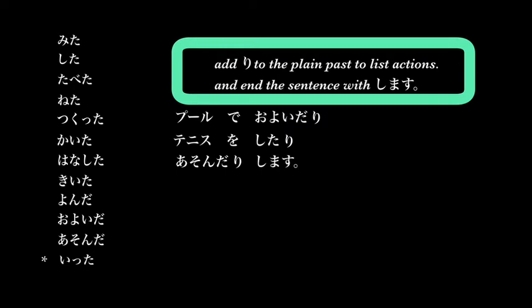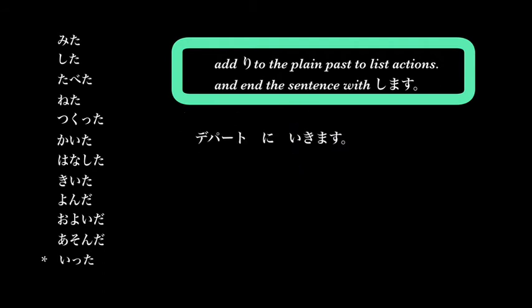And as long as the sentence ends in shimasu, we've now listed our actions. Puru de oyoidari, tennisu o shitari, asondari shimasu. Giving the feeling that these are the 3 separate things that I do. They're not in chronological order, they're just 3 of the things that I might sometimes do.